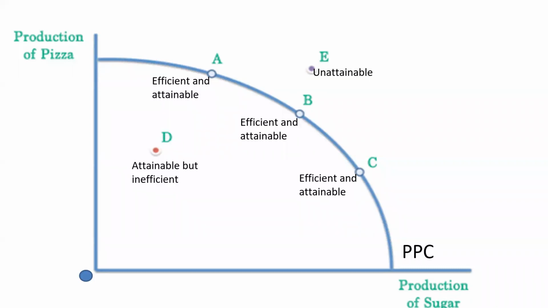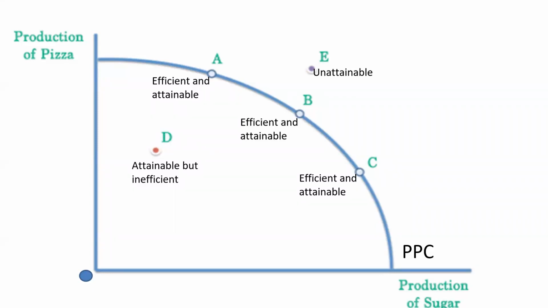So you all have this, you can take a picture if you want, but just note A, B, C are efficient and attainable resources. D is attainable but inefficient, and E is unattainable.